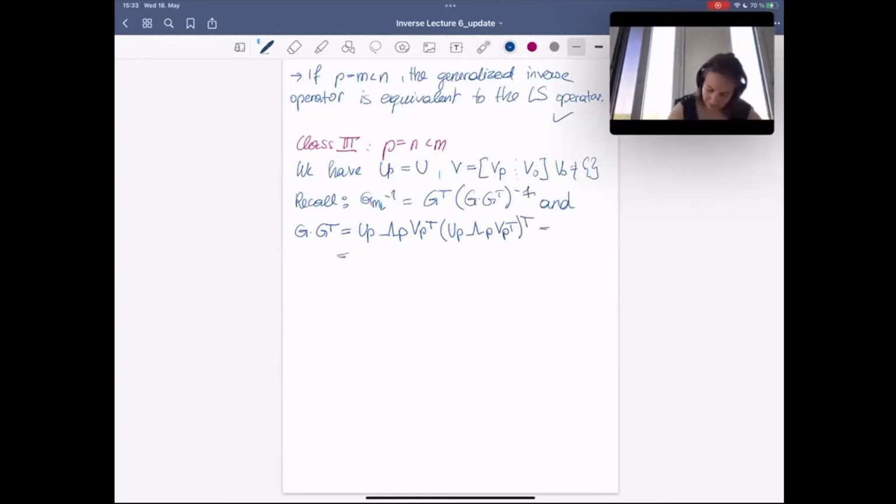If we write this out, we have UP lambda P VP transpose VP lambda P UP transpose equals UP lambda P squared UP transpose, because this guy here again goes to identity.